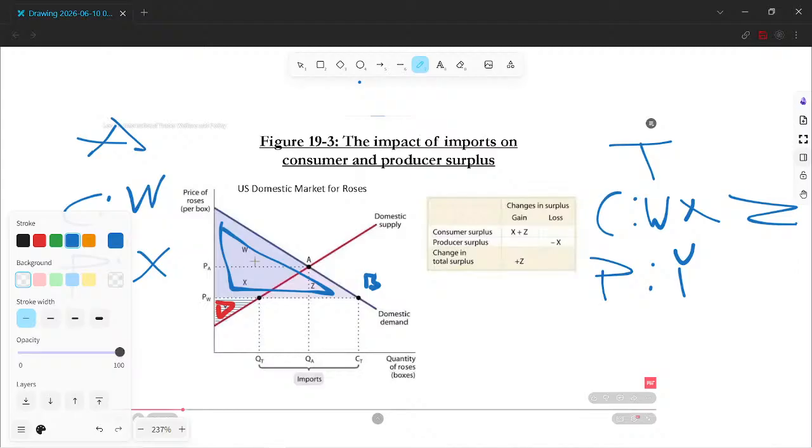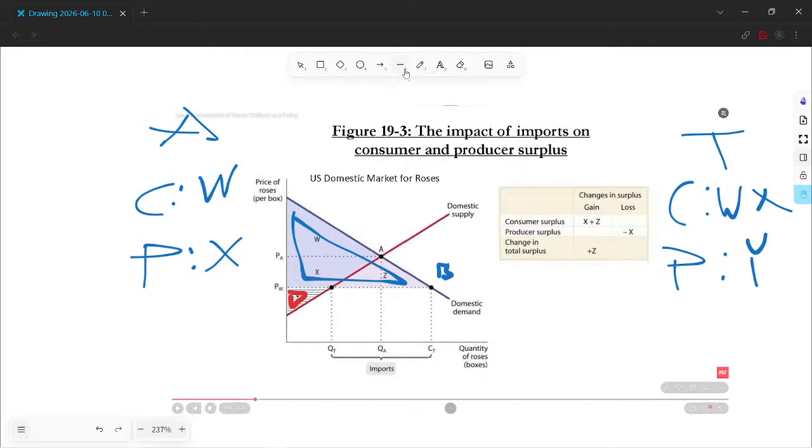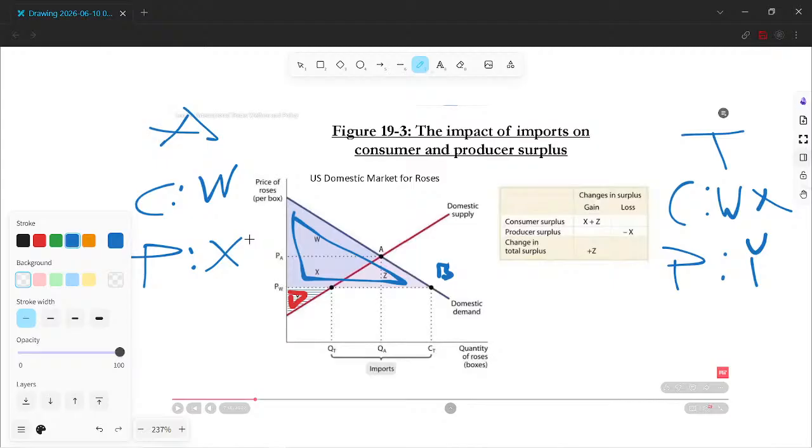Oh, right, I was missing Y, because producer surplus has Y over here as well, because it does initially have this. So producer surplus loses X. I mean, there should be another letter here, a smaller one. W, X, Y, V, I guess.